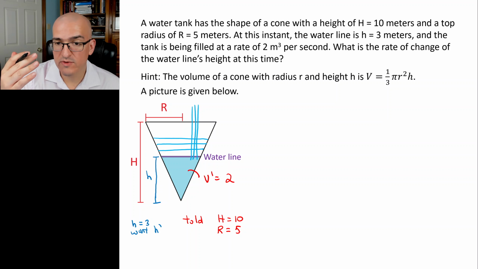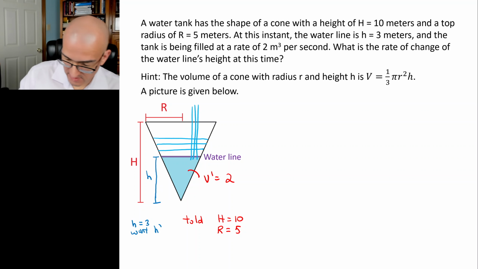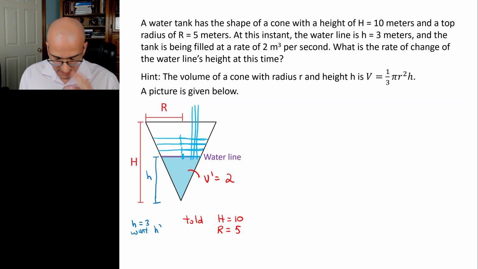As the water level goes up, so as h increases, notice that the radius, this little small radius here, keeps increasing as well. Notice what does not change as you add water. The big H, the height of the entire container, and the big R, the radius of the entire container, do not change as you add water, at least to a first approximation. There is going to be some stretching, but it's negligible.